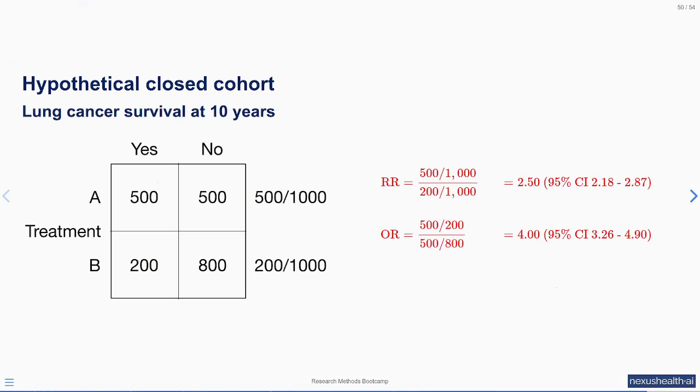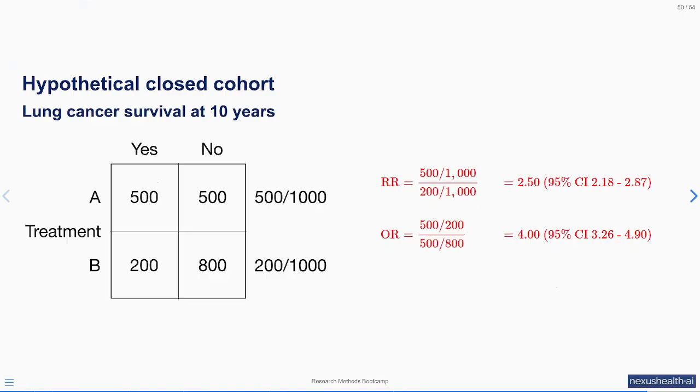Consider now if the outcome is a bit more common. And the outcome we're talking about is cancer survival at 10 years. If the outcome is a bit more common, the relative risk is still 2.5, as we can see. Because in this case, instead of 50 and 20, we have 500 and 200. So the outcome is much more common. Relative risk is still 2.5, but look at the odds ratio.